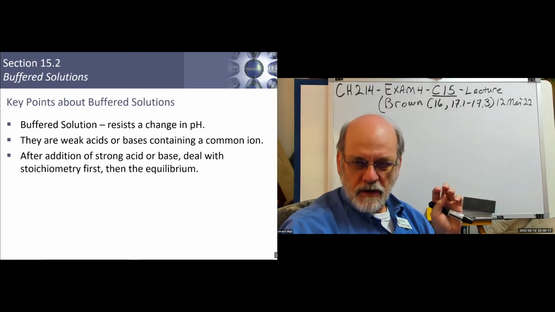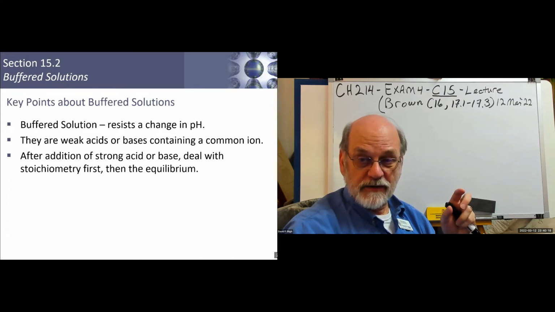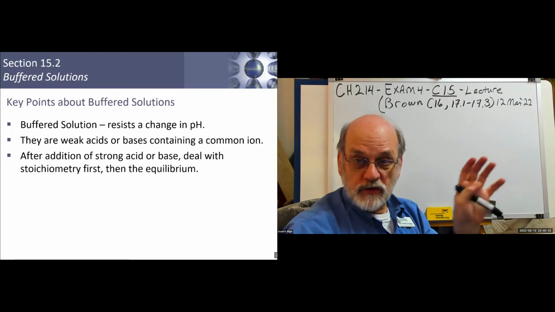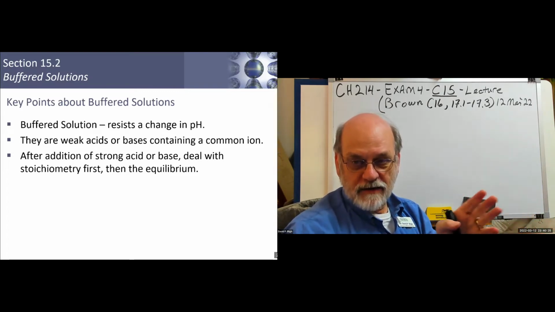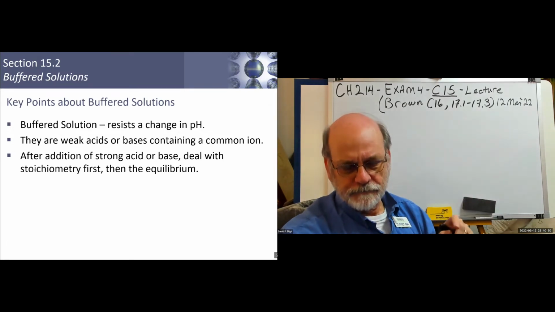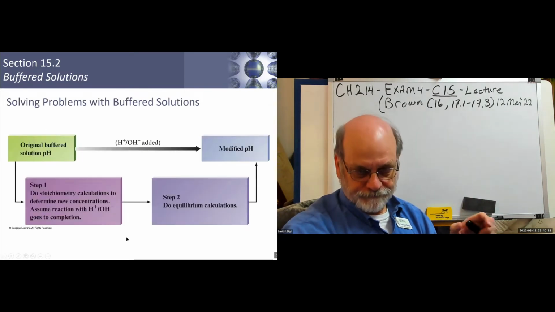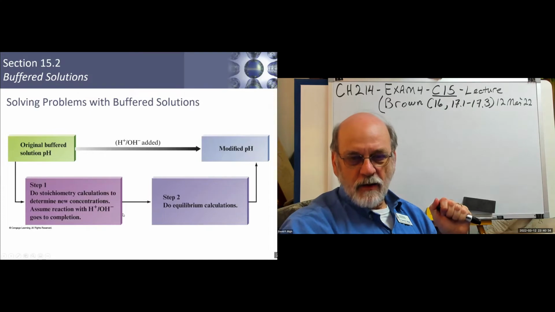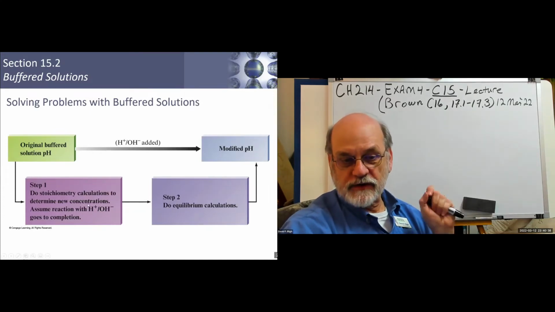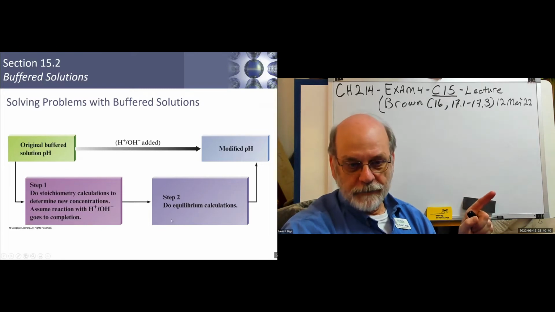In other words, what kind of reaction is going to take place when you add the acid or the base. And then once you do that, then we look at it as an equilibrium problem. So it's actually two steps. Okay. And this is just an illustration of that fact. Step one is stoichiometry. Step two is equilibrium.